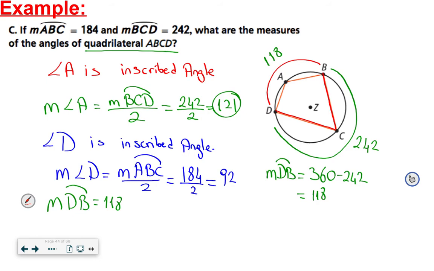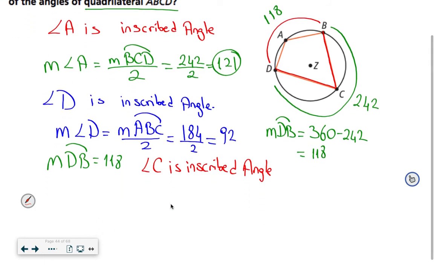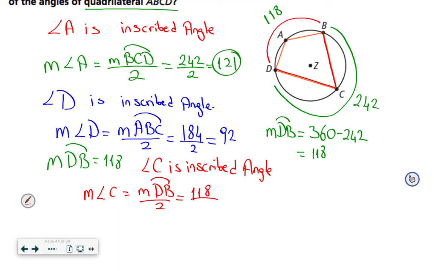If angle C is an inscribed angle, then we can find the measure of angle C. How? The measure of angle C is going to be half of the intercepted arc DB. 118 divided by 2, which is equal to 59.